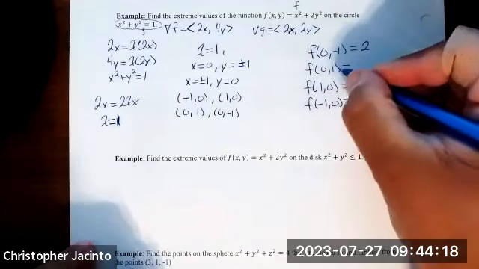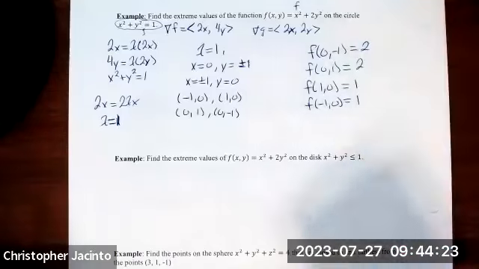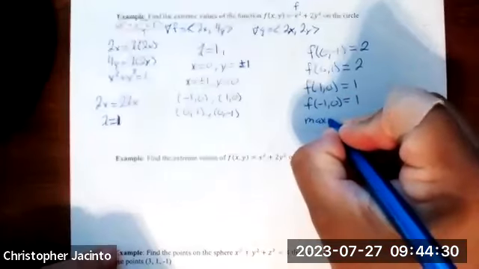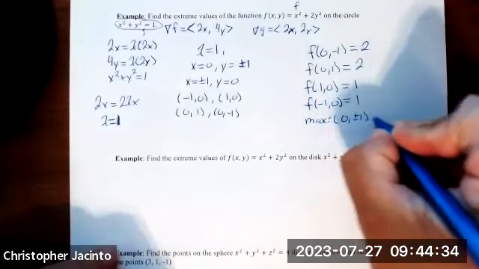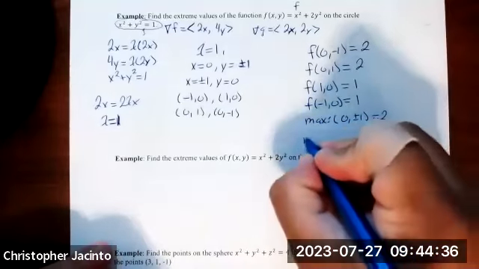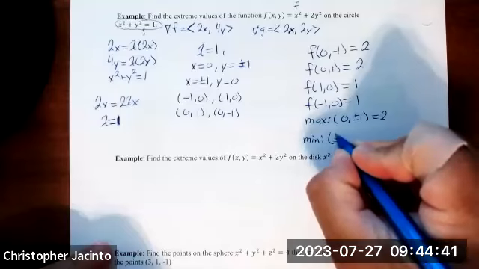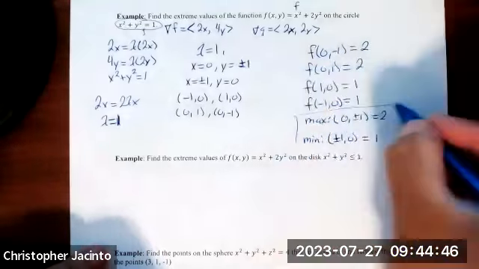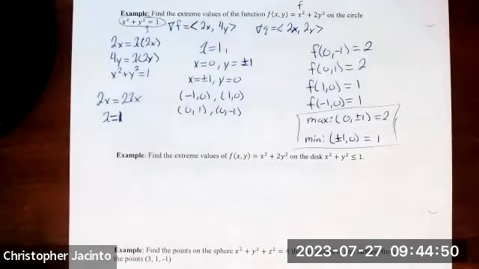Plug in the opposite, I get out the same. And I get 1 and 1. So therefore, we have a maximum at the points (0, plus or minus 1), and that equals 2. And we have a minimum at the other endpoints. And then we're done. It's so nice when everything works nicely, isn't it?